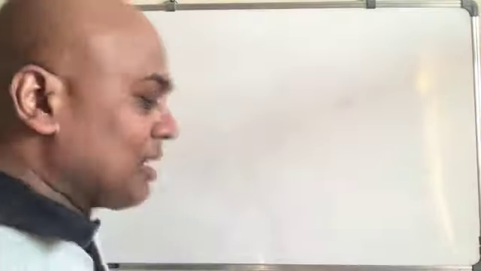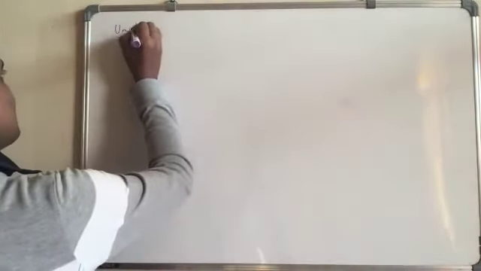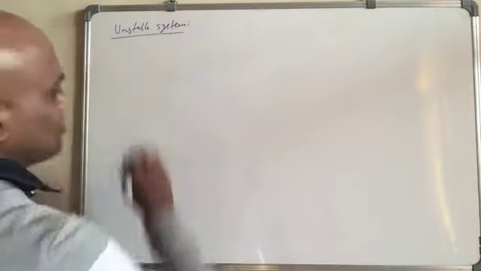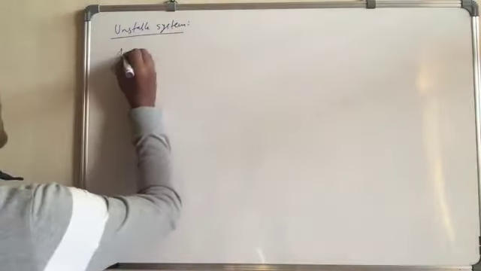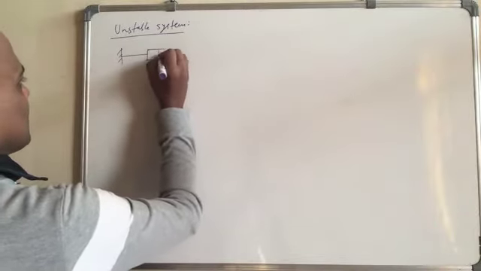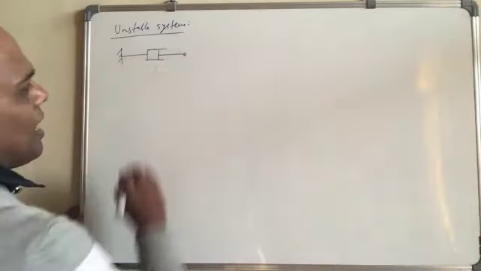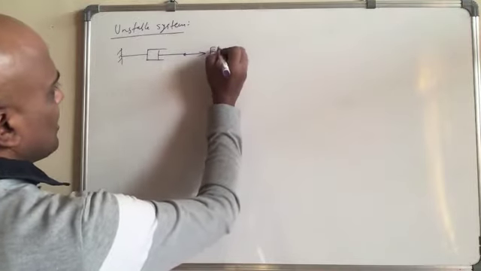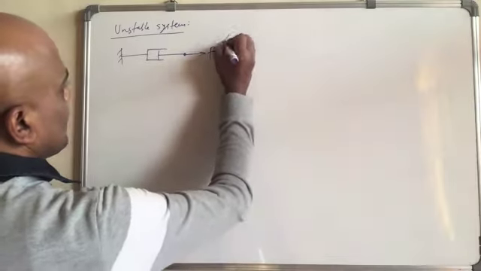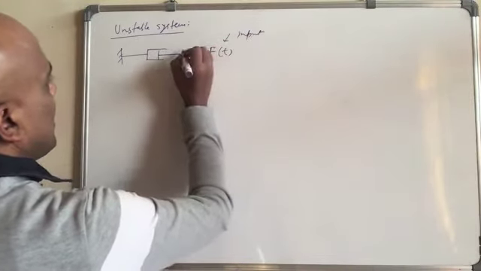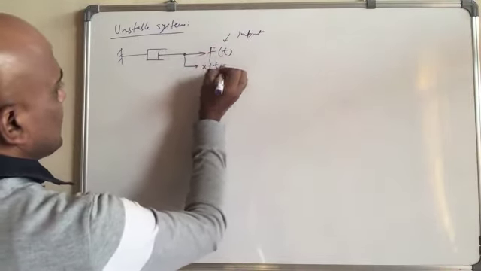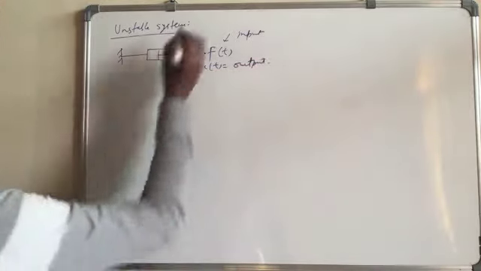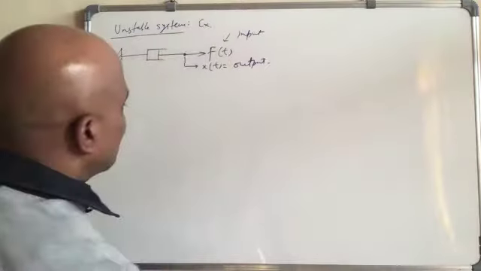So let's look at an unstable system. Let's say you have just a damper here, and you are having a force F(t) as input and X(t) as output. So this is an example. What is the equation?